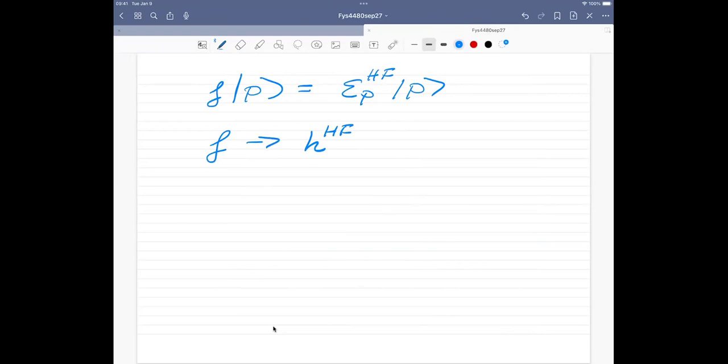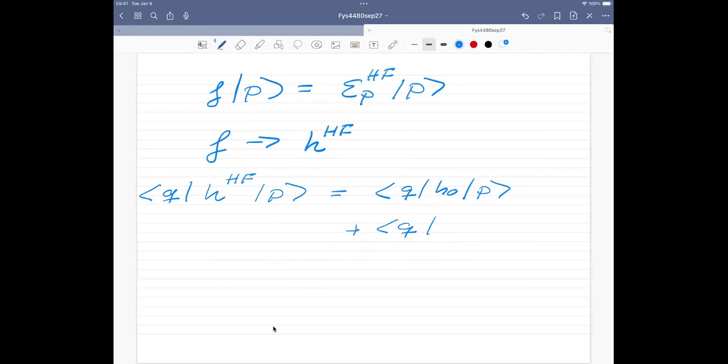So that means that my H Hartree-Fock acting on a state P, and if I take this Q here, is the same as us calculating Q of H0 times P plus Q. H0 is the original one, and these new basis functions are not necessarily eigenstates of H0, as we had in our previous case.